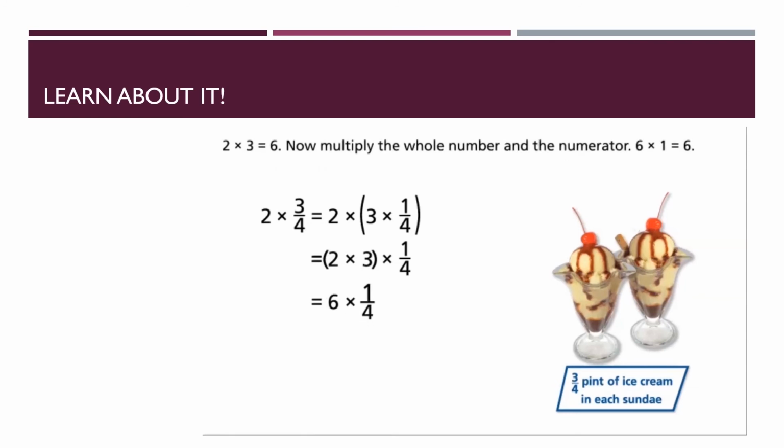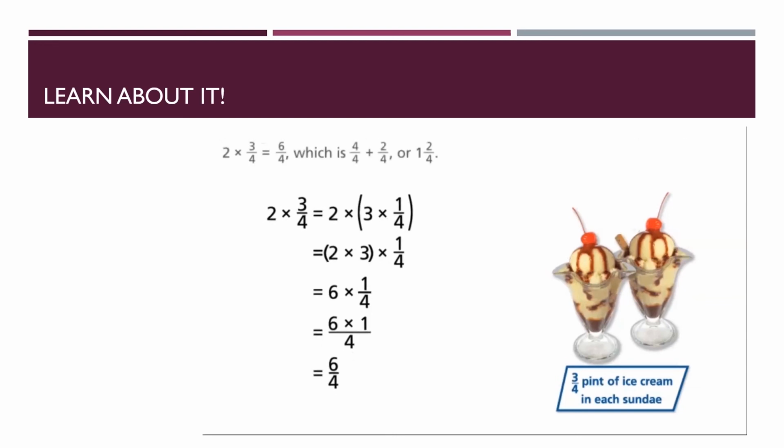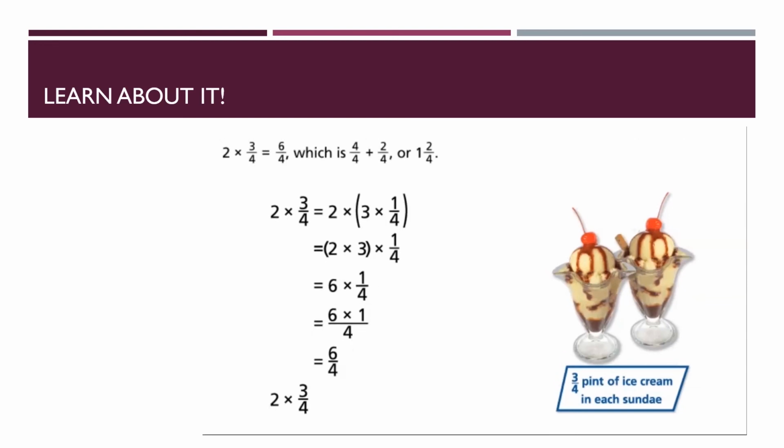Now multiply the whole number and the numerator. 6 times 1 equals 6. 2 times 3/4 equals 6/4, which is 4/4 plus 2/4, or 1 2/4.